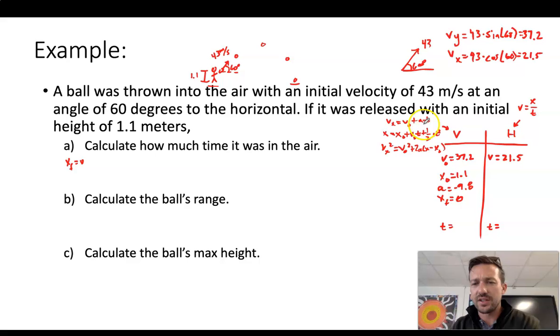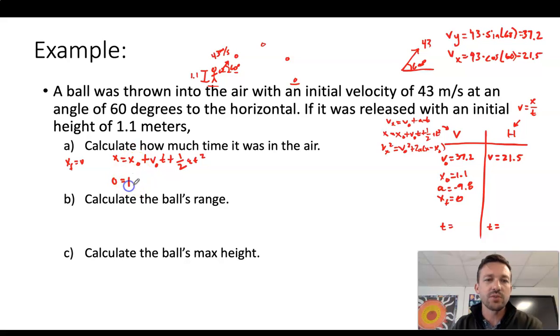Well, let's use our vertical stuff and look at the formulas here and see which formula would be the easiest. I think the easiest formula is going to be x equals x naught plus v naught t plus a half at squared. Okay, so our final position is 0.